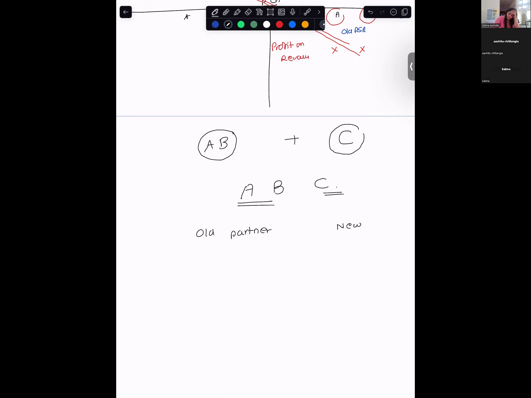The profits that A and B were sharing previously is called the old profit sharing ratio, and the profits that A, B, and C are going to share in the future will be called the new profit sharing ratio.